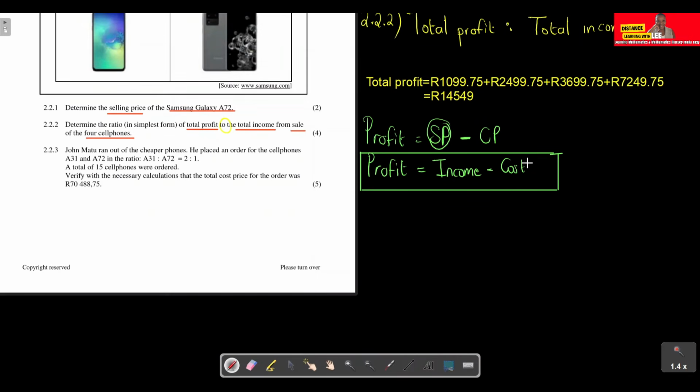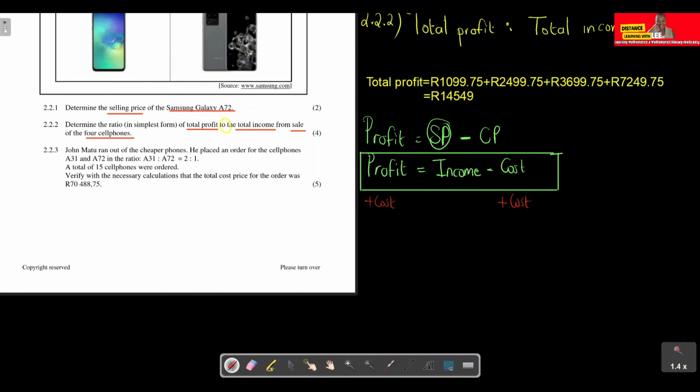You need to do the same thing: do the inverse, or get rid of the cost on the right hand side. How do we get rid of it? We just add the cost. If you add the cost on the right hand side, we also add the cost on the left hand side.